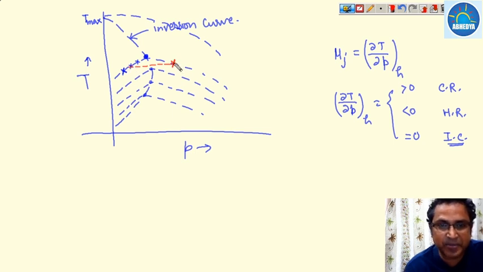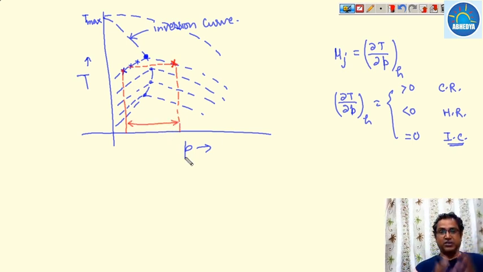But when the initial state is over here, in the heating region, then for getting the cooling effect till this temperature, we have to reduce the pressure in this way. So this much pressure has been reduced, a much greater pressure reduction is required, and for this much pressure reduction the irreversibilities will be very high, so it is not very effective.